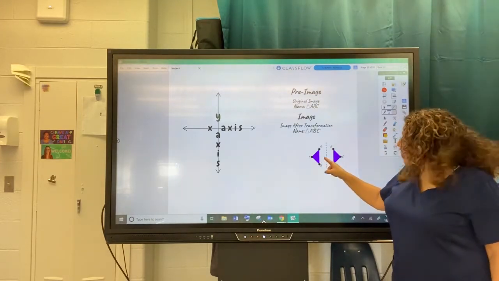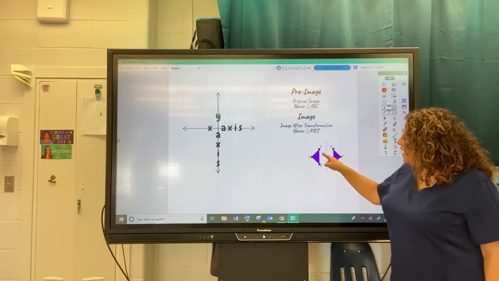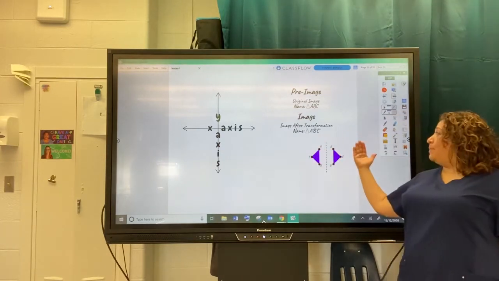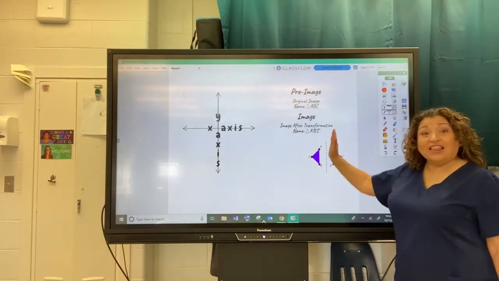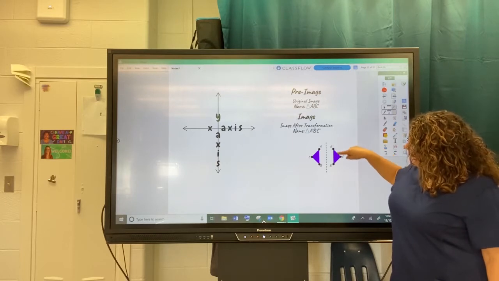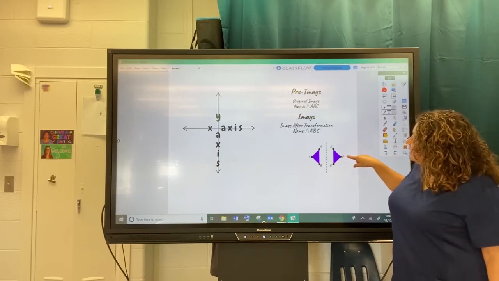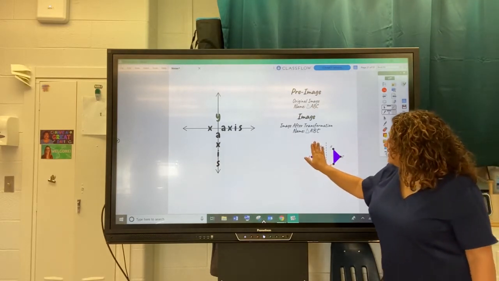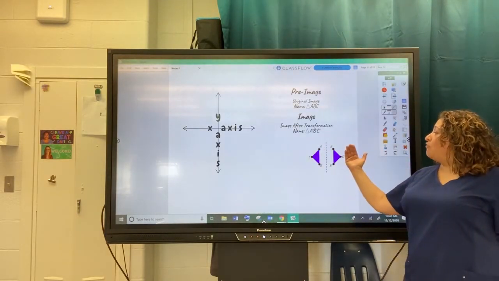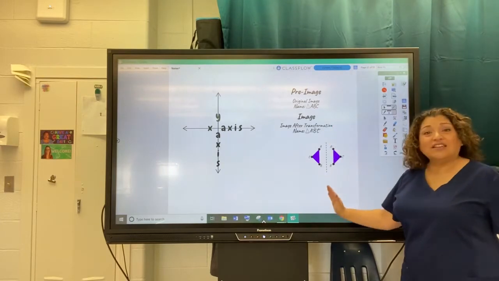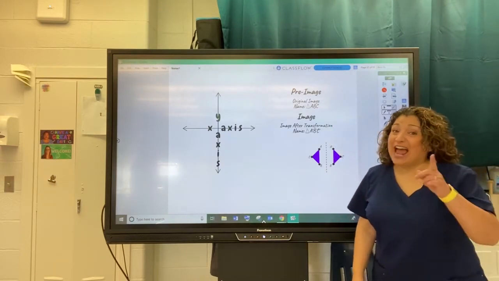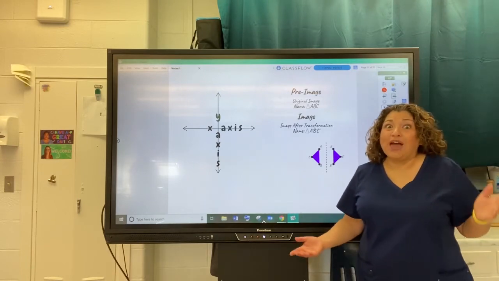I know that because it's triangle A, B, C. But when we flip it over that line of reflection, then we have A prime, B prime, and C prime. So it's the exact same shape and size, but it flipped over this y-axis or that line of reflection. Okay? Now let's see what this looks like when we're doing a math problem.